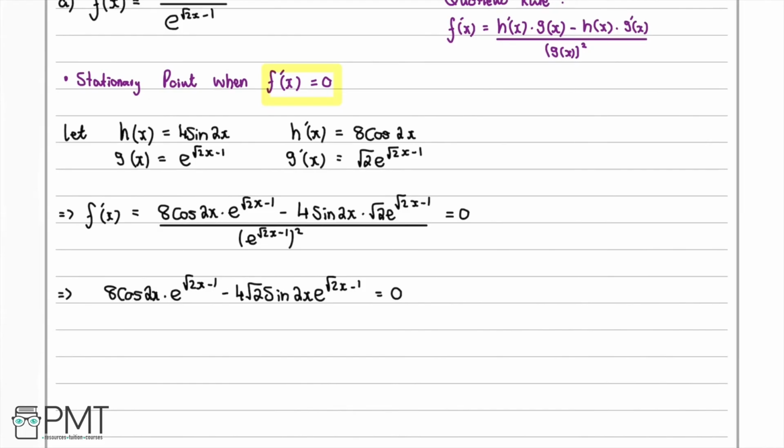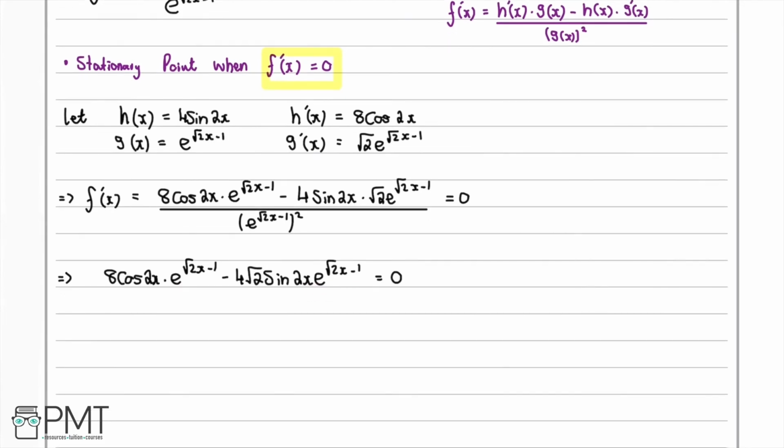So now we need to have a think and see what we can do next. What we notice is that we have a common term between these two terms. We have an exponential term on both sides of our equation. So let's take this out as a common factor.